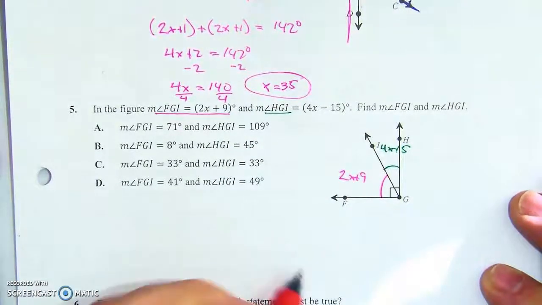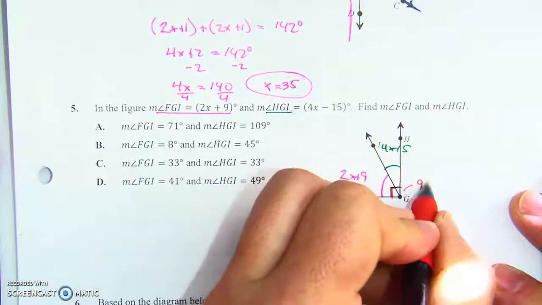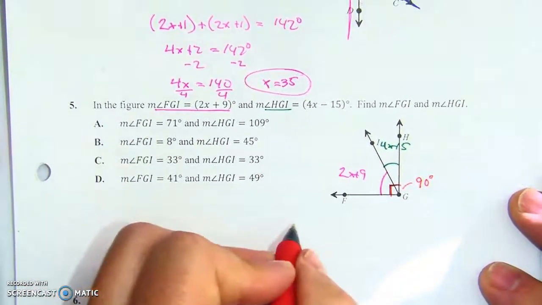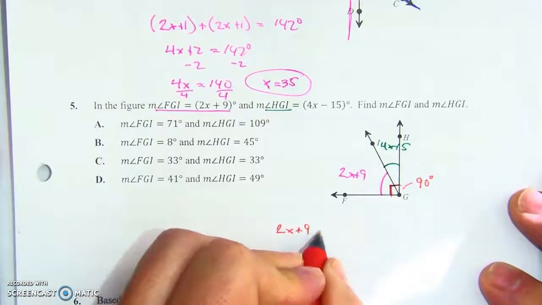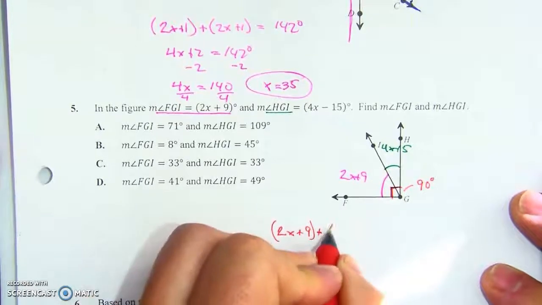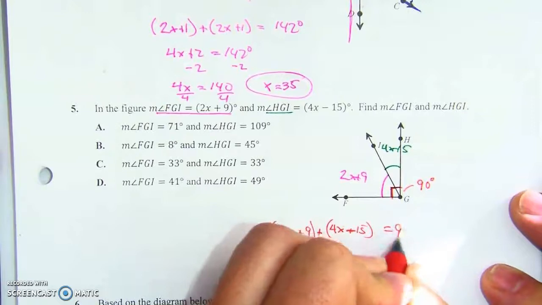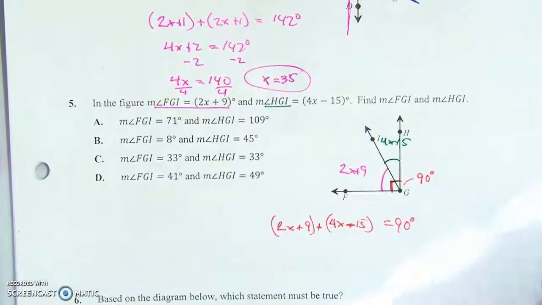Now, a key thing in here is that we have this marking right here. You guys remember what that means? It is 90 degrees. So with 90 degrees, we can take these and go 2x plus 9 plus 4x minus 15 equals 90 degrees.